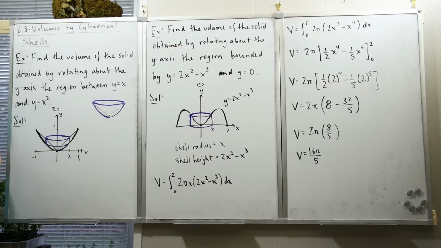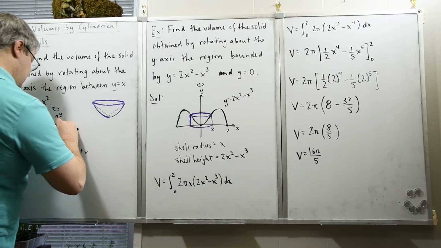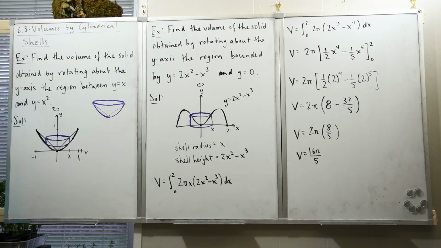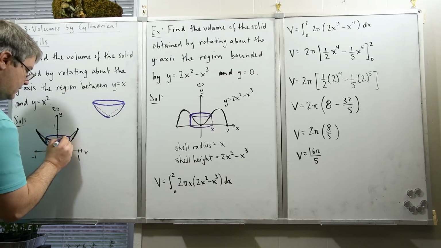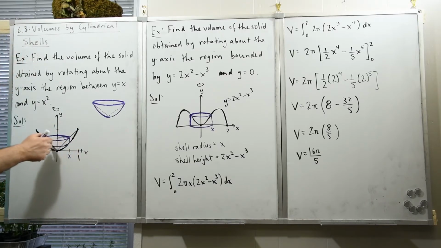We're interested in the shell radius as well as the shell height. Now, given that we're still revolving about the y-axis, shell radius is going to be the distance from the axis of revolution to the shell, and that distance is x.